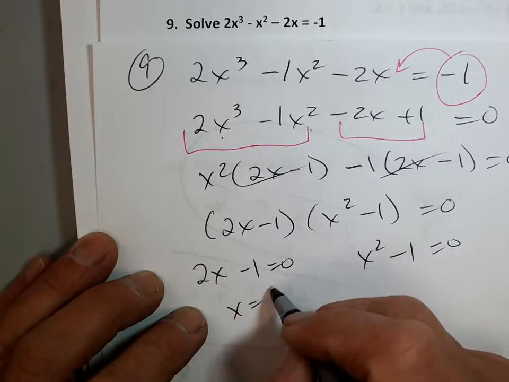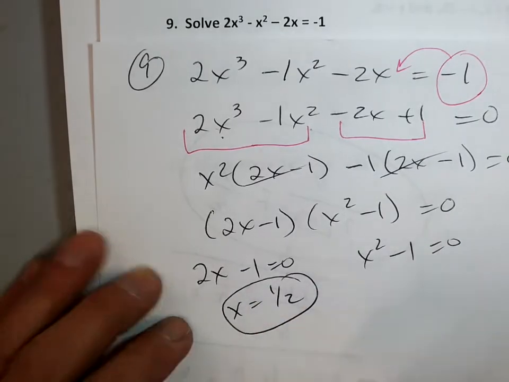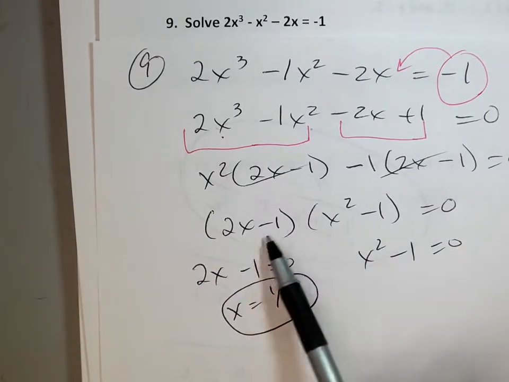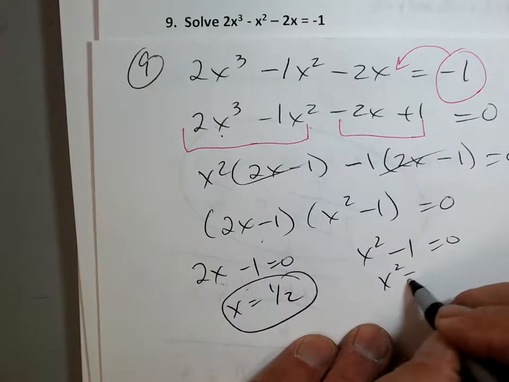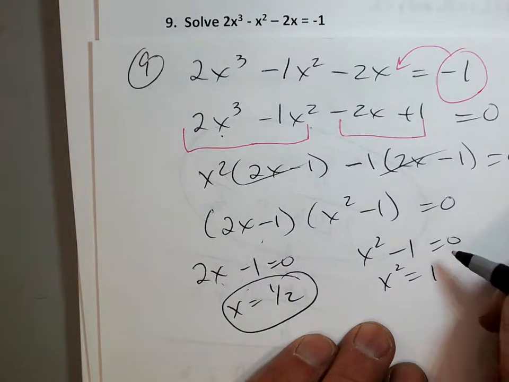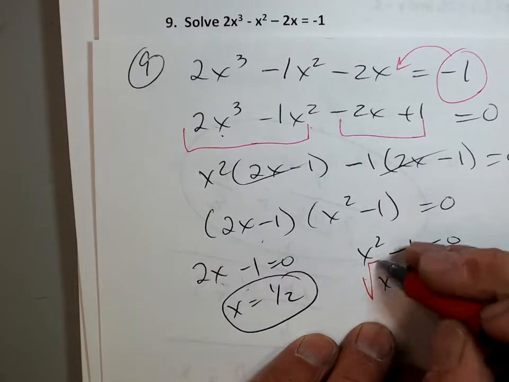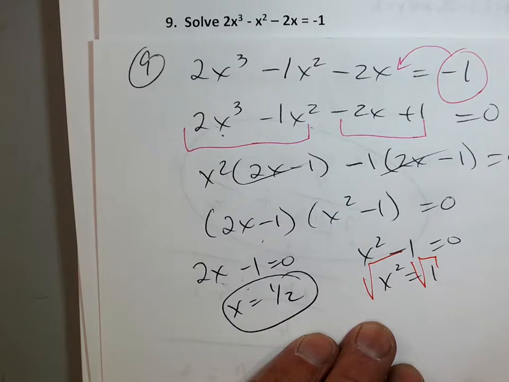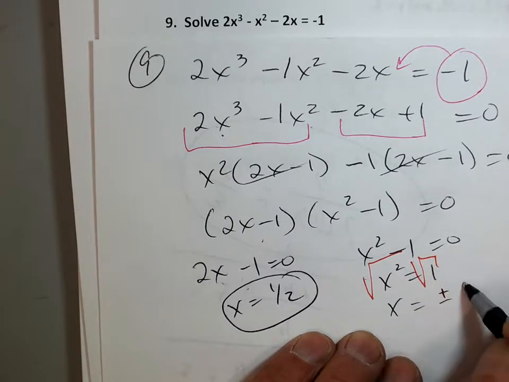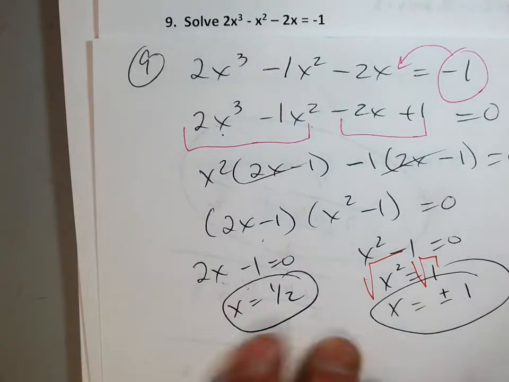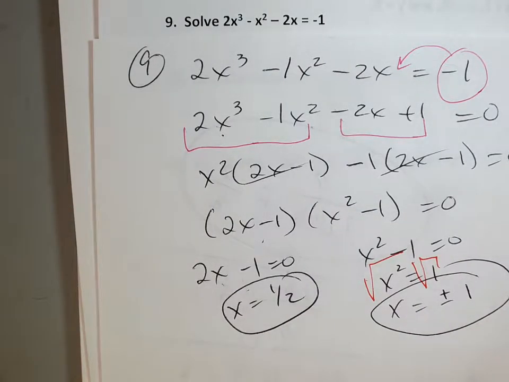The first answer is 1/2. Second one, we'll get x squared equals 1. Two answers, right? Square root. We'll get x is equal to plus or minus the square root of 1, which is just 1. And there's my three answers.